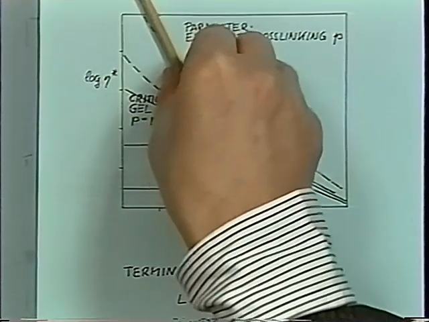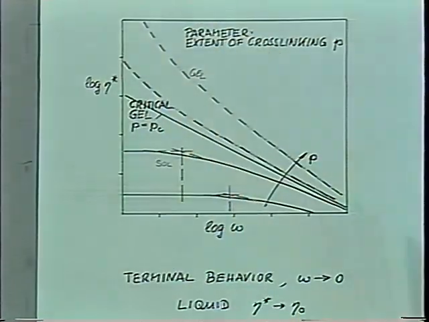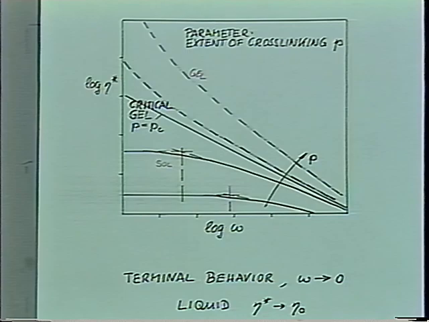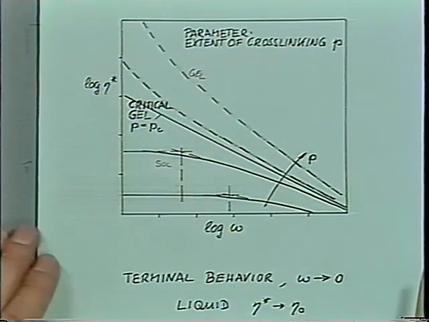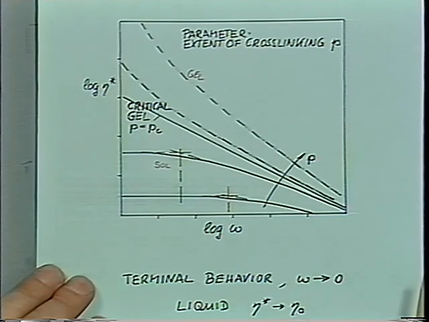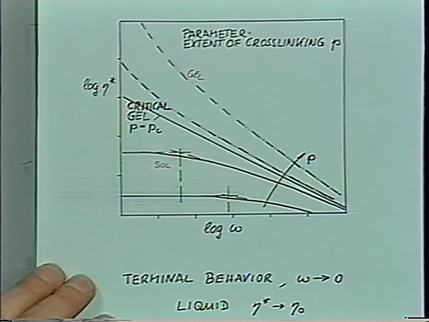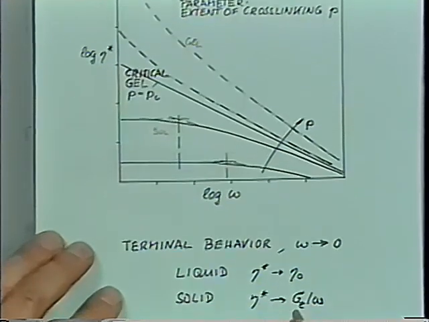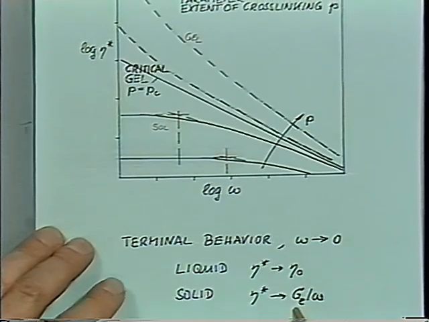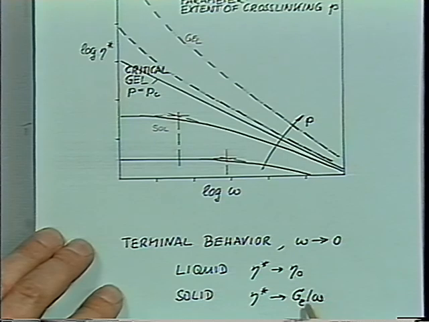So we have a terminal zone given by this type of slope, -1. For relating things to the critical exponents, we will need the zero shear viscosity, and we will need the equilibrium modulus, and describe those in the distance from p minus pc.